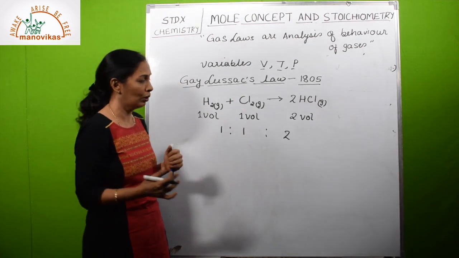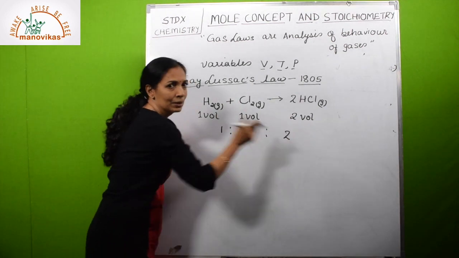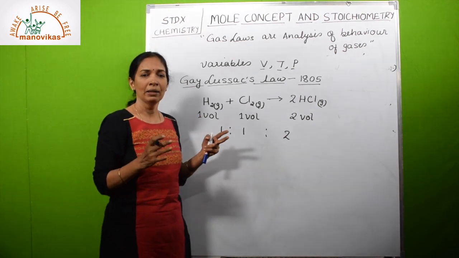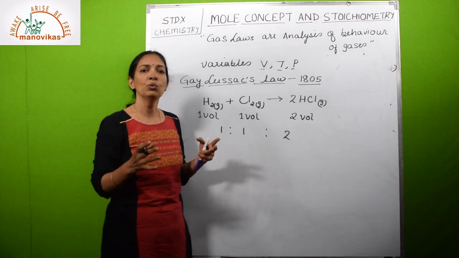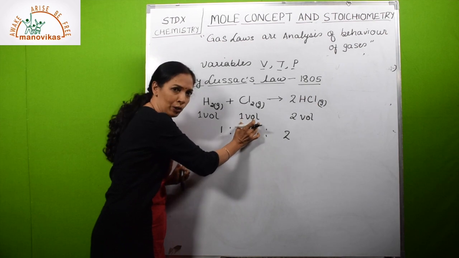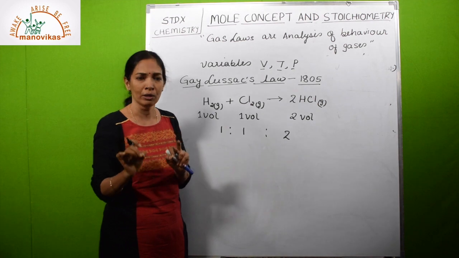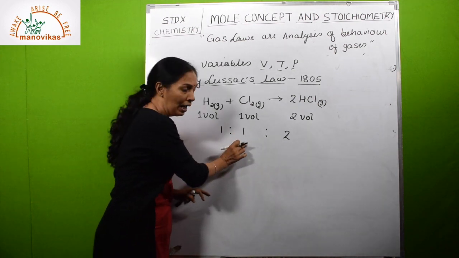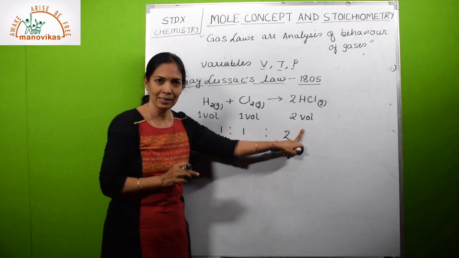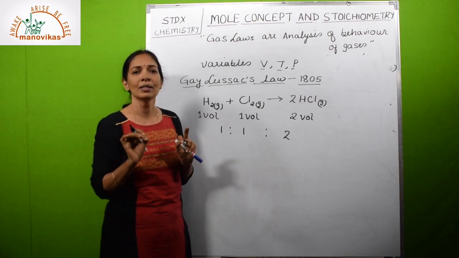So what is Gay-Lussac's law? Look here. These are reacting gases and this is their gaseous product. So according to Gay-Lussac, whenever gases combine, they do so in volumes which bear a simple whole number ratio to each other and to the volume of the product if it is gaseous, provided temperature and pressure remain constant.